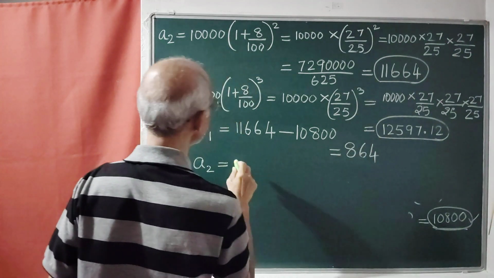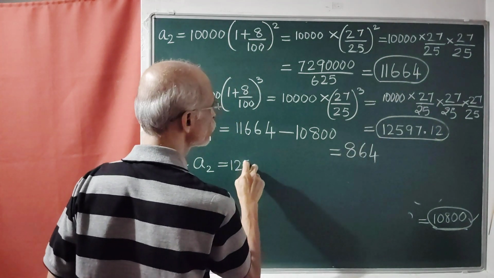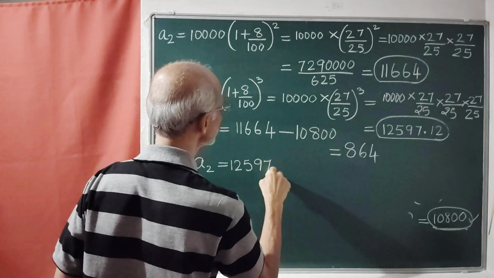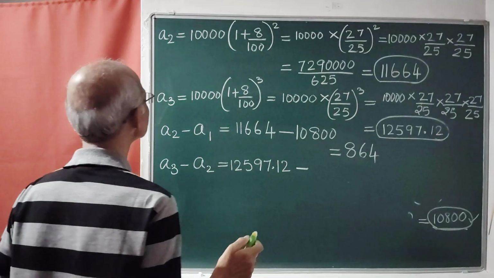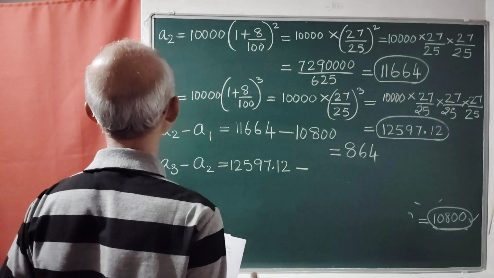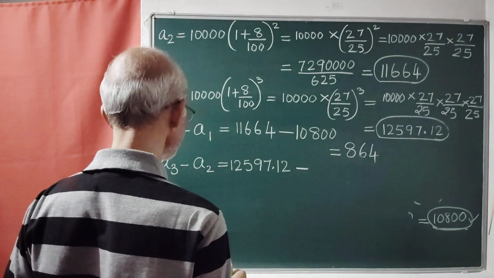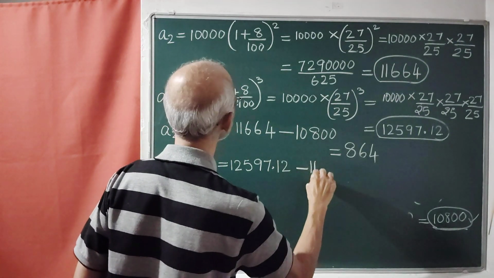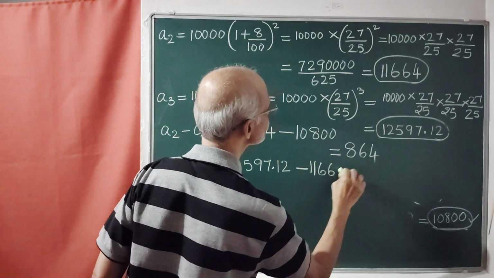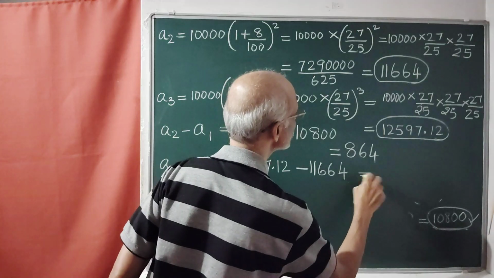A3 is 12597.12 minus A2. A2 is what? 11664. What we get?